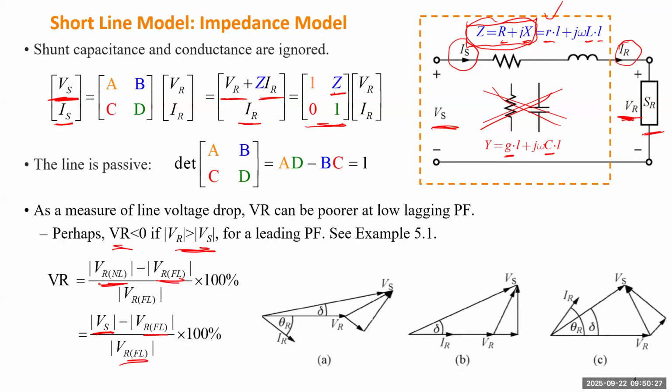So those three phasor diagrams correspond to lagging power factor, unity power factor, and leading. For leading power factor, you see the VR can be larger than Vs. So that can make VR less than 0.